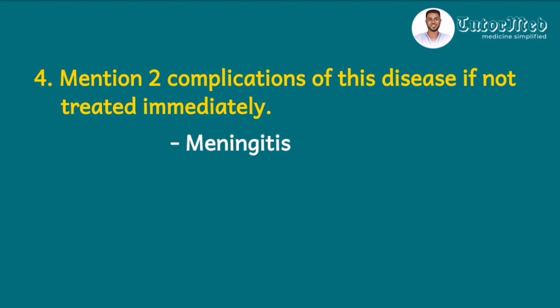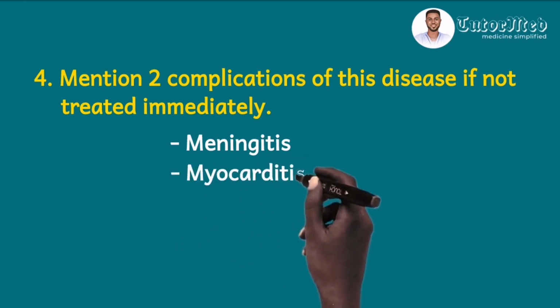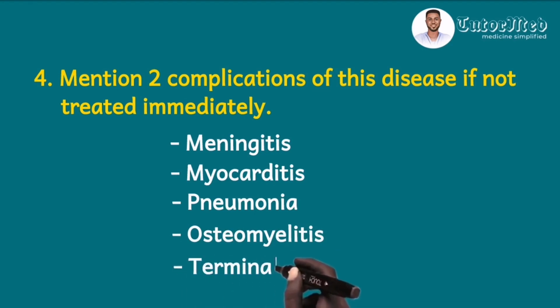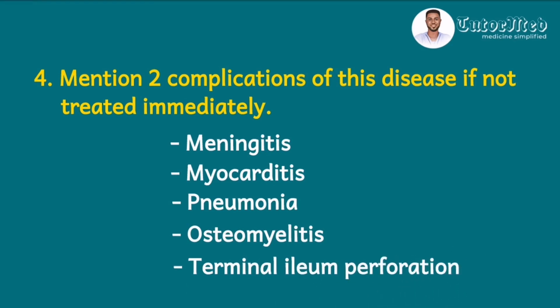Then, in the heart, it can cause myocarditis, it can cause pericarditis. Then in the chest, or in the lungs, if you will, it can cause pneumonia. It can cause infection in the bone and its marrow, so osteomyelitis. Sometimes, although not so typical in children, it can cause terminal ileal perforation. It may result in hematologic complications like disseminated intravascular coagulation.